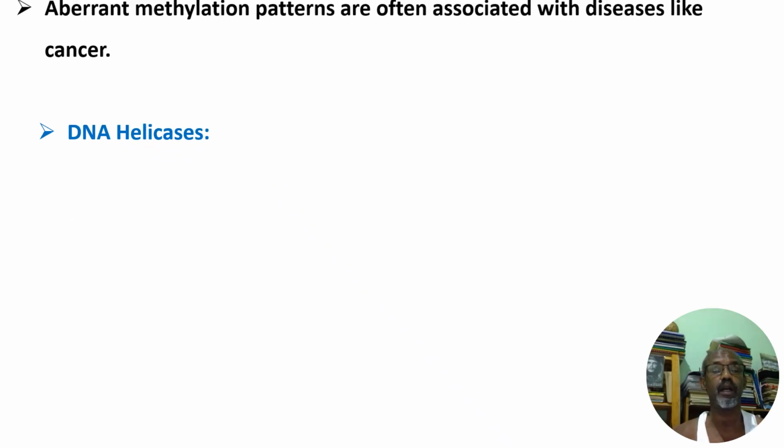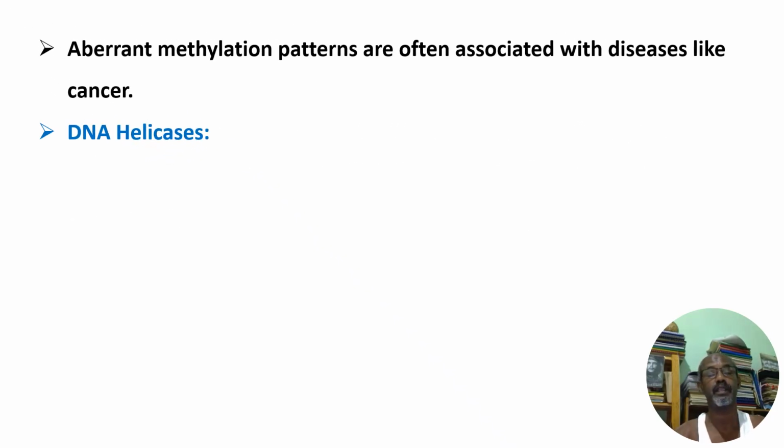The second group, aberrant methylation. You see, whenever there is abnormal methylation or not proper methylation, aberrant methylation patterns are often associated with diseases like cancer.